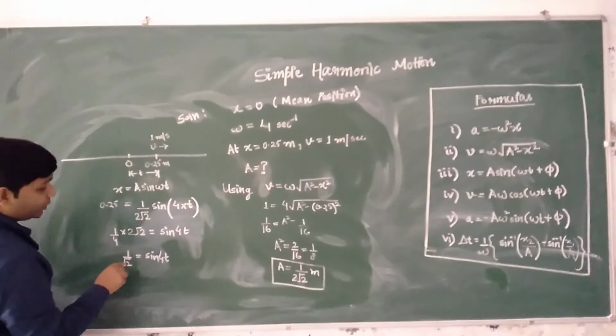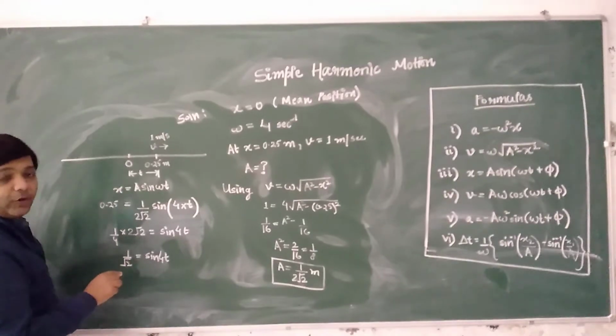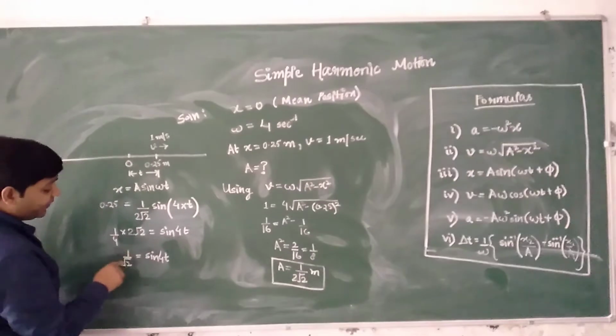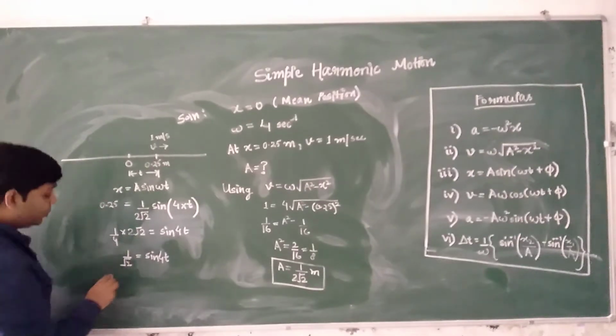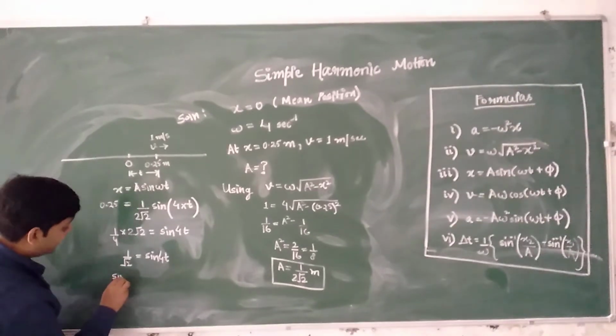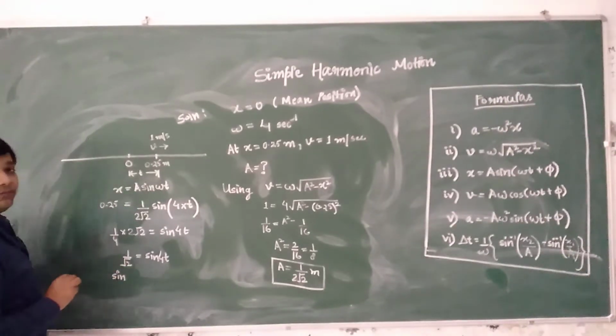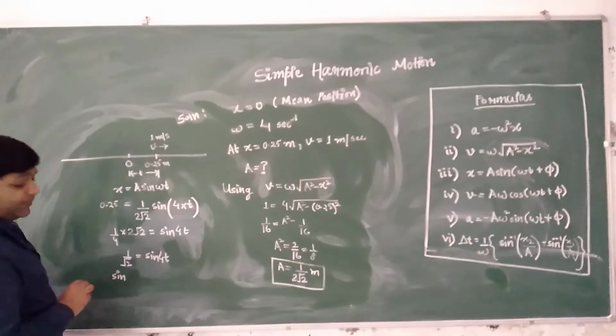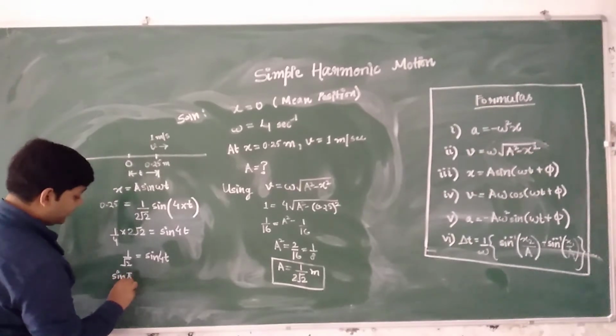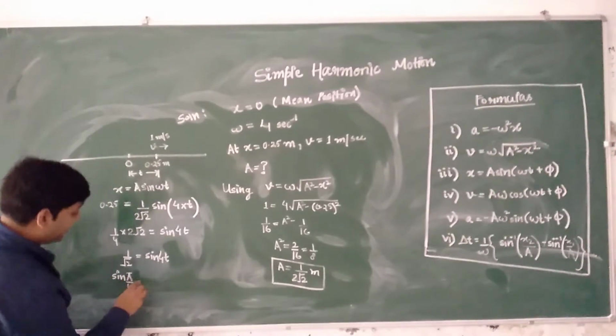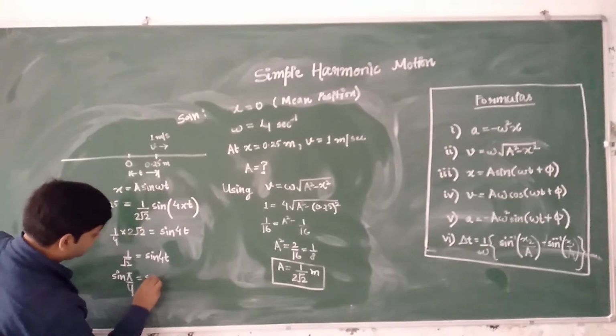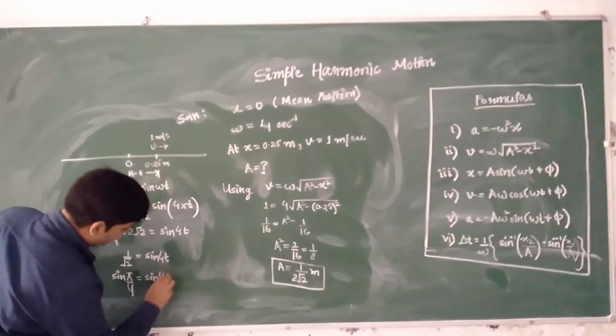And 1 upon root 2 can be written as sine 45 degree. The value of sine 45 degree is 1 by root 2. So in radians, the value of 45 degree will be, please tell me, pi by 4, right? So sine pi by 4 is equal to sine 4t.